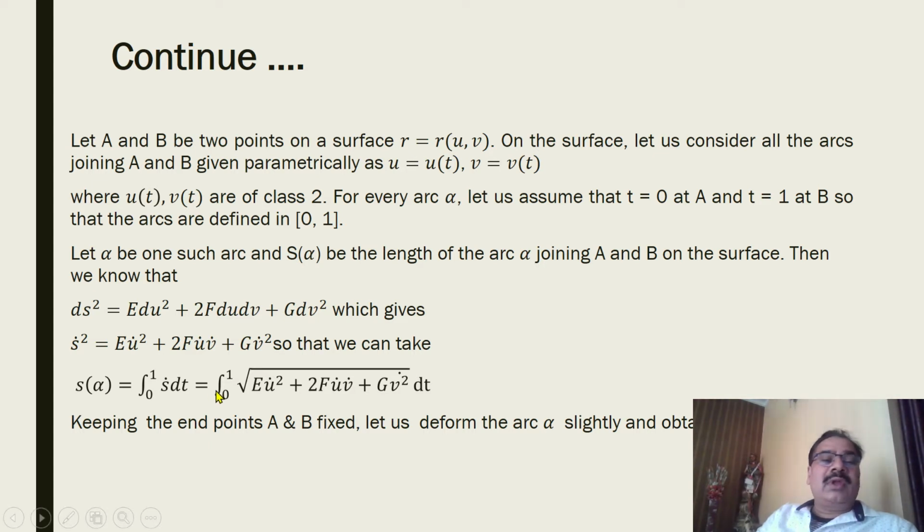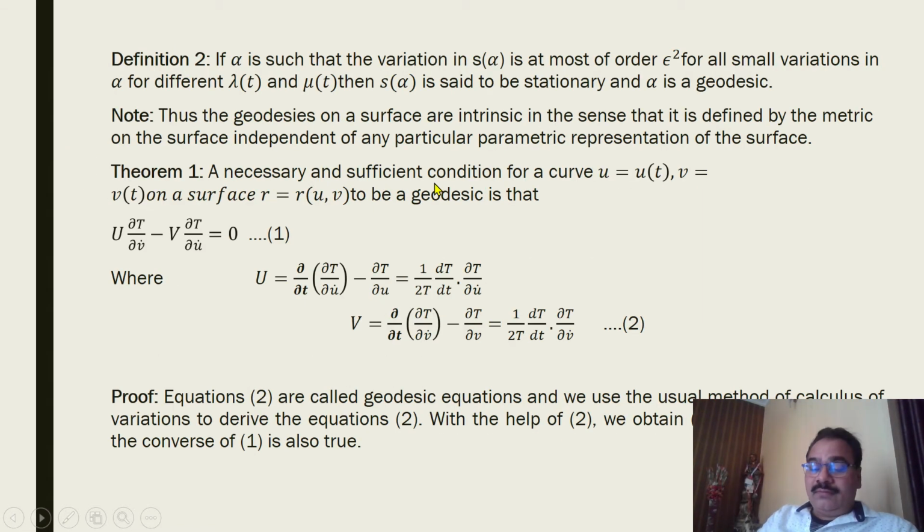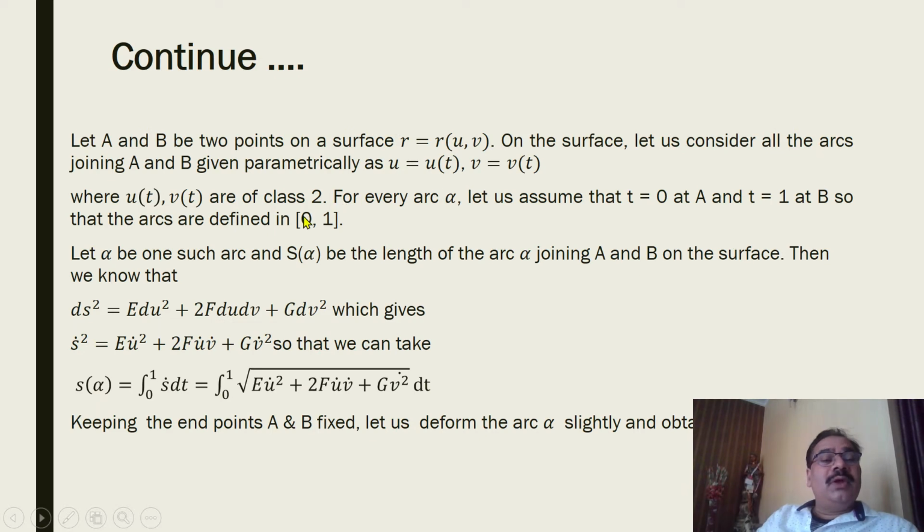Now, in mathematical notation, how in the form of the integral can we define this arcual length and the geodesic? Let capital A and B be 2 points on a surface R. On the surface, let us consider all the arcs joining A and B given parametrically as u is a function of t and v is a function of t, where u and v are of class 2.